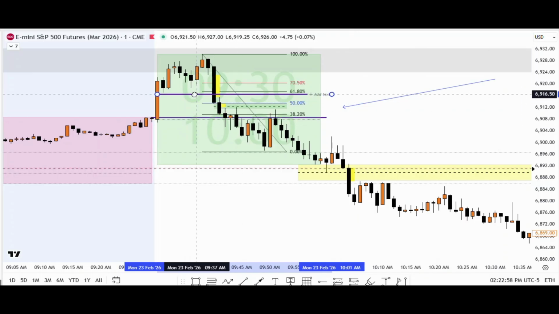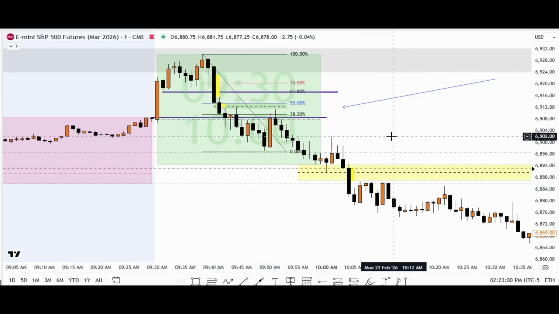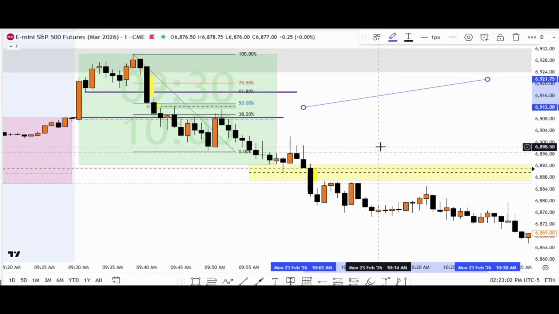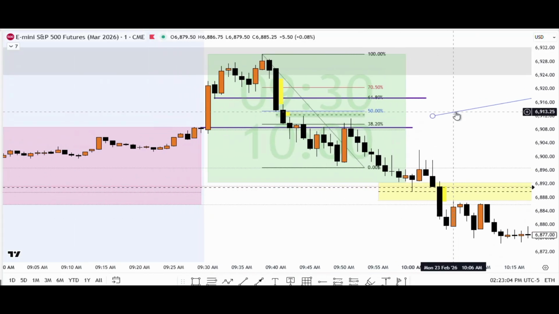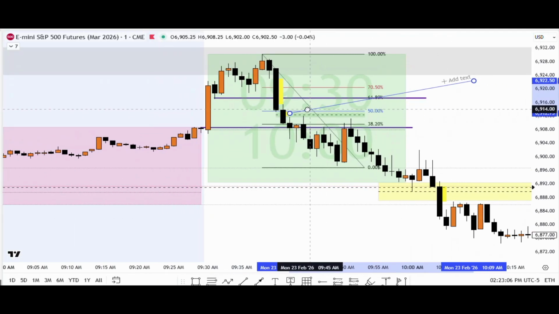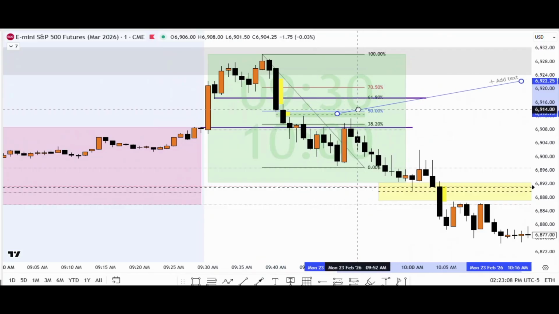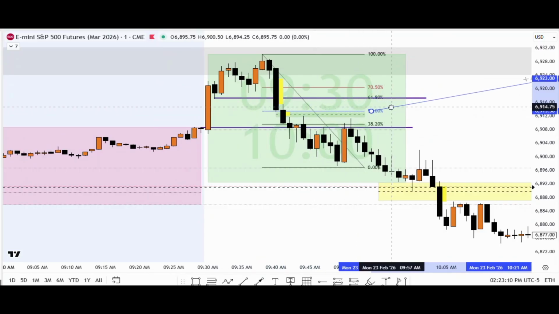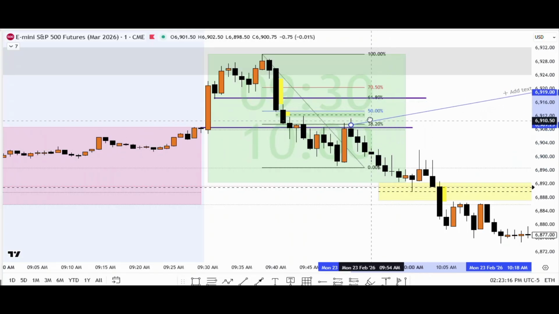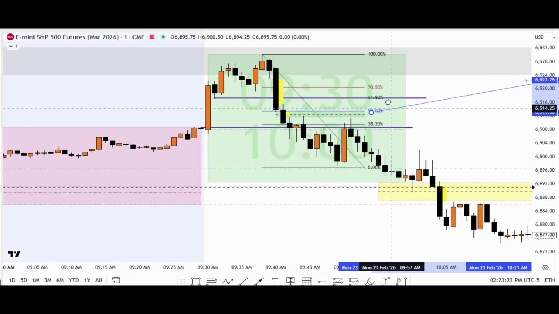Okay, so we do have this IFVG here. Bear that in mind. And then we have this small fair value gap right here in green. So I usually put the 1 minute fair value gaps in green, 5 minutes in yellow. You can see we retrace into this larger IFVG, which overlaps with the 30 and the 50.